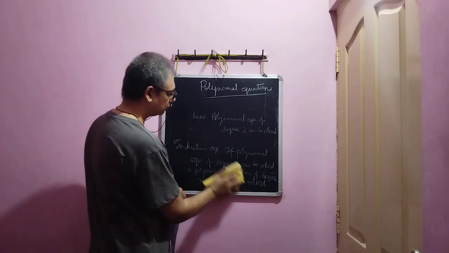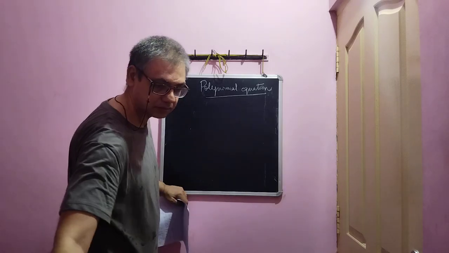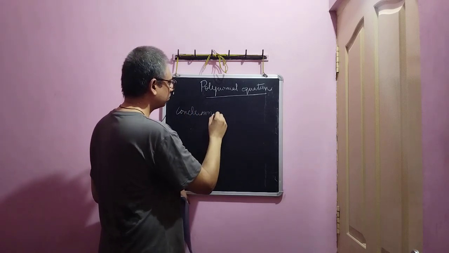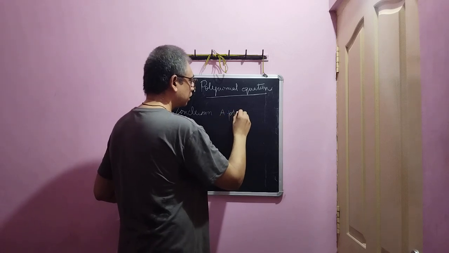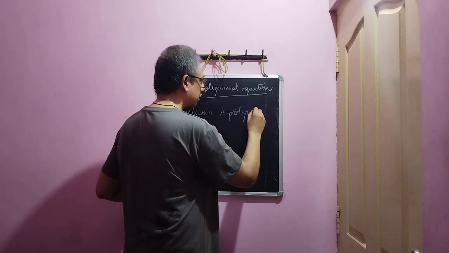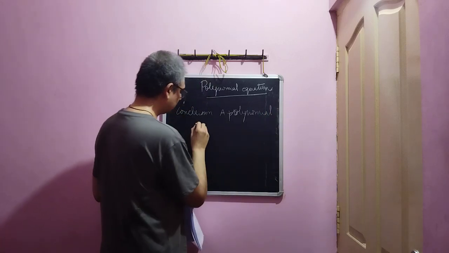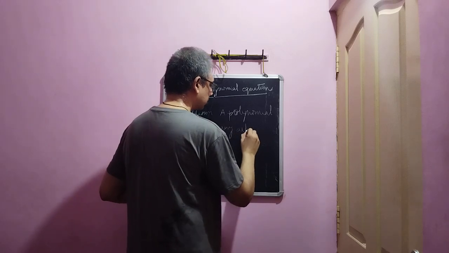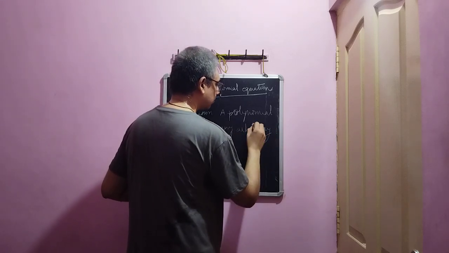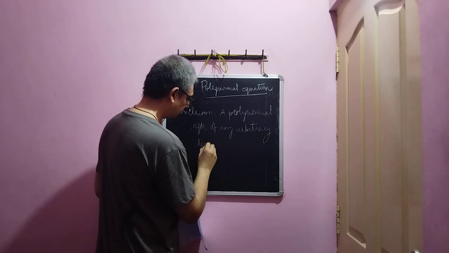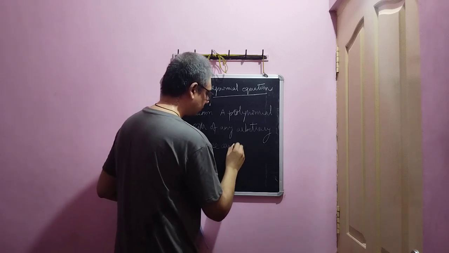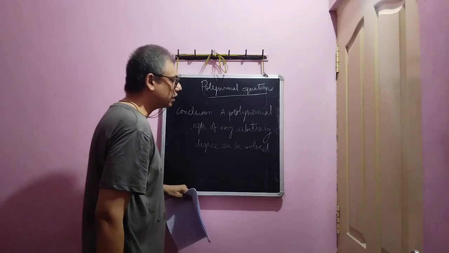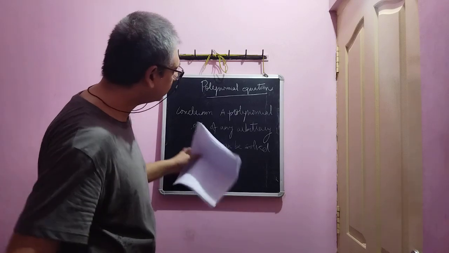So this leads to the final conclusion that a polynomial equation of any arbitrary degree can be solved, provided it is a finite one.